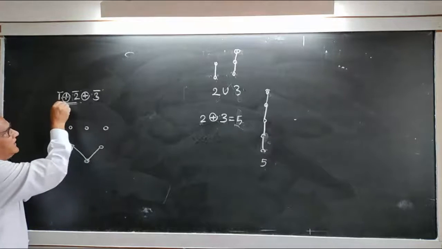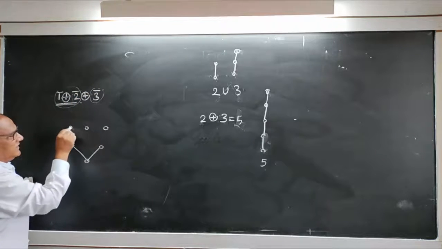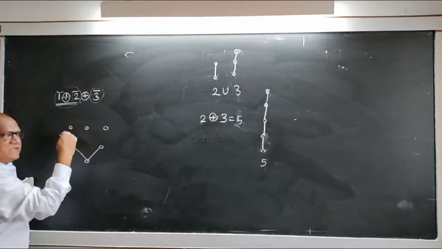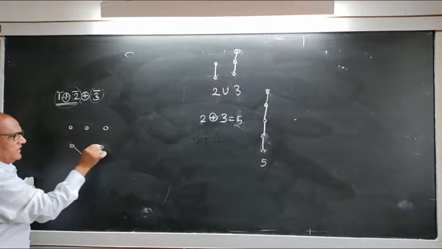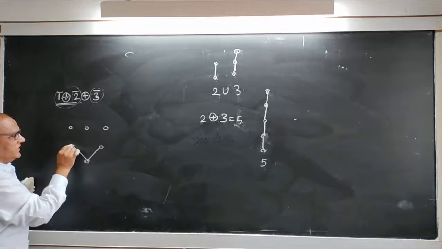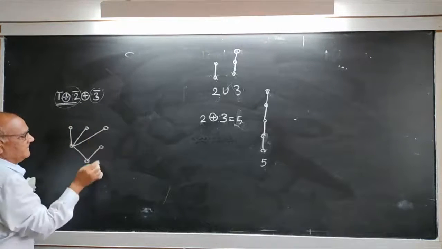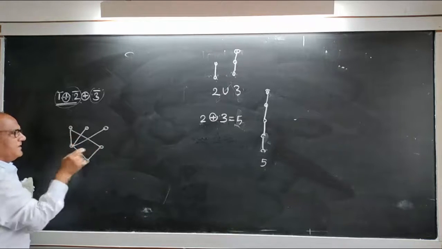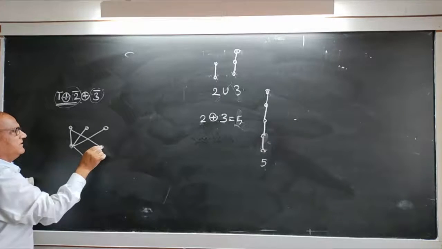Again, take the addition of this and 3 bar. Here these 3 elements are maximal and also minimal, but here these 2 elements are maximal. Join each maximal element to each minimal element.